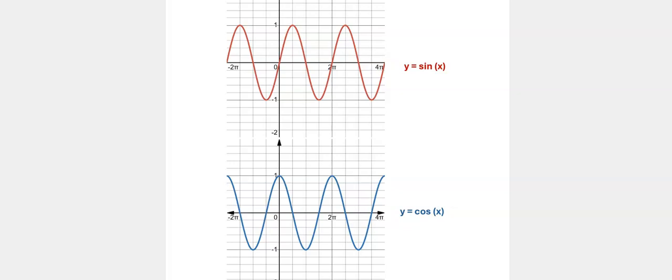It appears that cosine is shifted pi over 2 radian, or 90 degrees left of the sine function, because they are complementary, so that would make sense. They have the same amplitude, they have the same period, but they have different x and y intercepts. Oh, and they have the same maximum and minimum, and we're going to be talking about that in a minute. And they also have different symmetry.